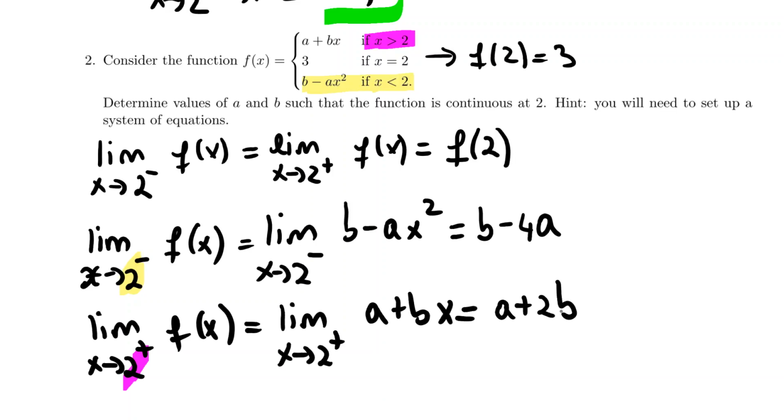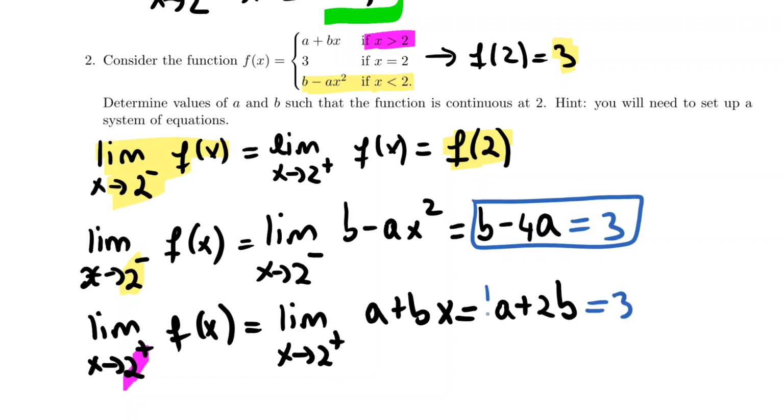Okay, so since the left one has to agree with f of 2, which is 3, that means b minus 4a has to equal 3. And then also the right limit has to equal 3. So a plus 2b also has to be equal to 3.